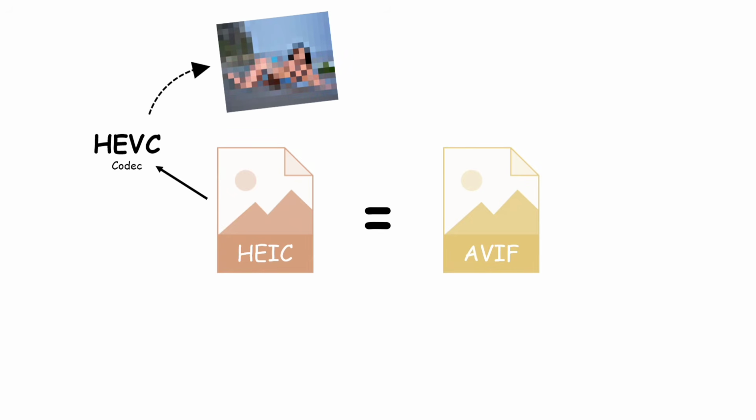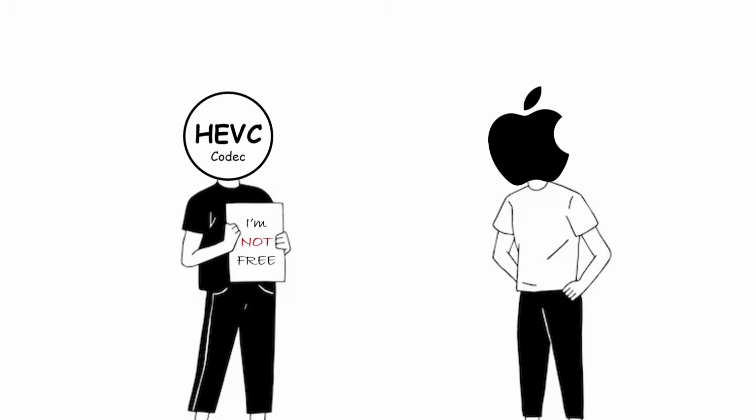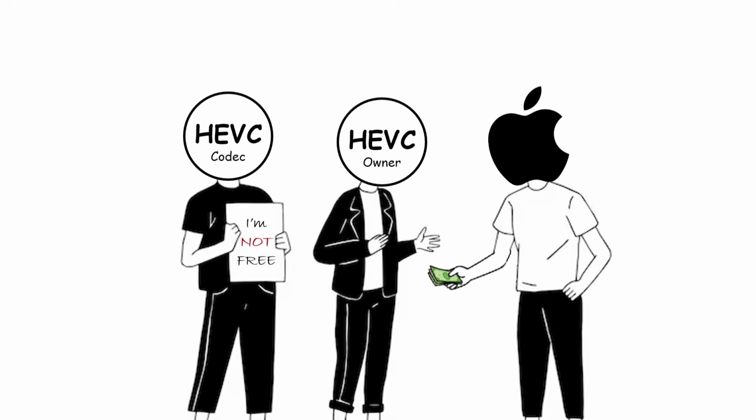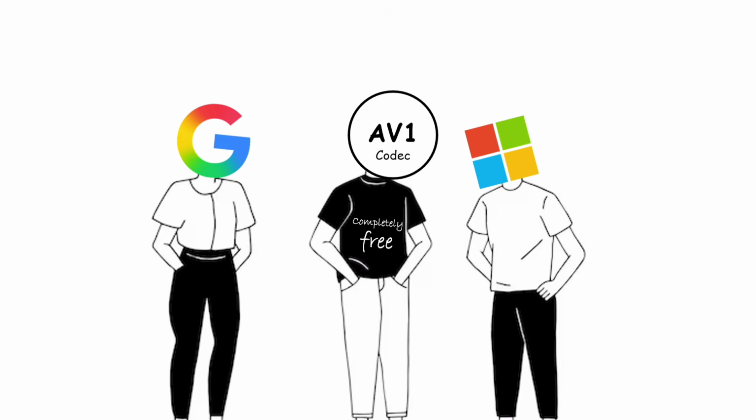Compared to HEIC, we can say that these two formats are almost similar and don't have any specific differences in terms of structure and general features, except that one uses the HEVC codec for image compression and the other uses AV1. The HEVC codec is a proprietary and non-free codec, which means any company that wants to use it has to buy the rights from its creators. But on the other hand, AV1 is a completely free codec and anyone can use it.